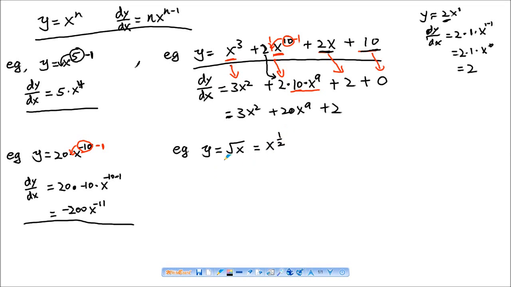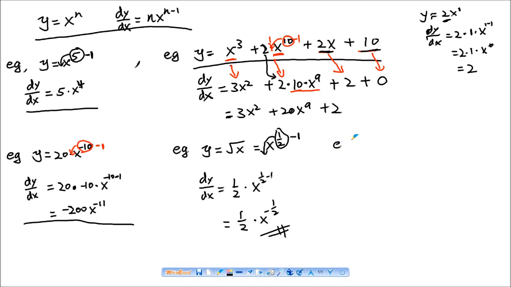So when I differentiate, we move the power to the front, and the power has to be minus 1. So I will have half times x power of half minus 1, which is half times x power of minus half.